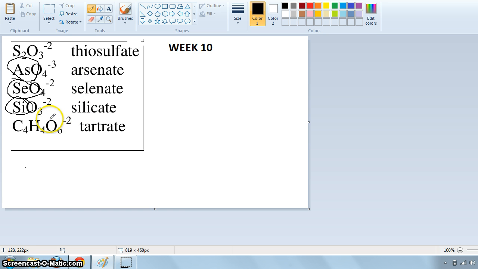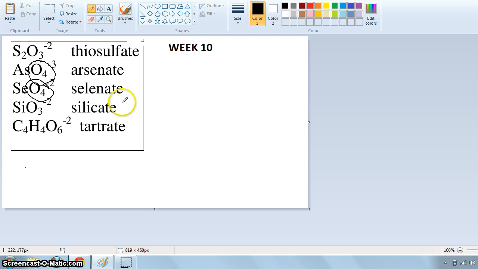So really, they just kind of show up here. Now, there is arsenide and selenide, which you should not confuse with these because we have the O's on these. Selenide and arsenide are just As and Se, but these ates have the O4 on them.